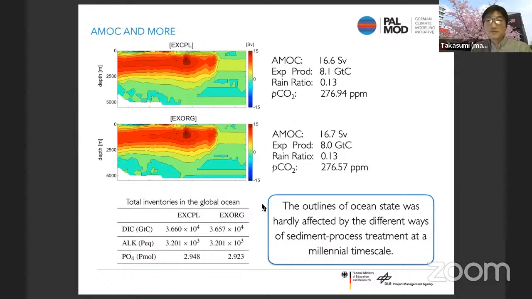As expected from the characteristic timescale of the ocean and sediment interaction, in short, the outlines of the ocean state were hardly affected by the coupling in such a millennial timescale simulation.